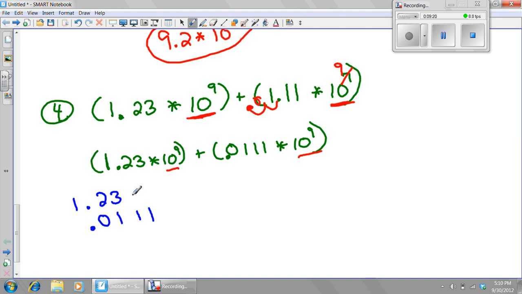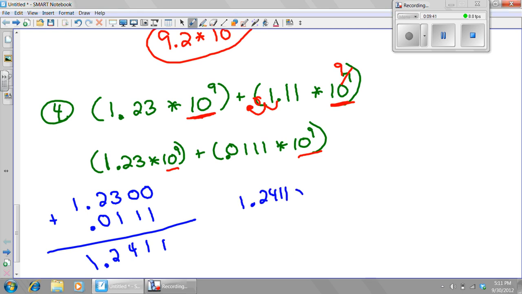Well, I can always add zeros after a decimal point without changing the number. Now I'm ready to add. I'm going to get 1, 1, 4, 2, and 0.1 like that. So my answer is going to be 1.2411 times 10 to the 9th power.